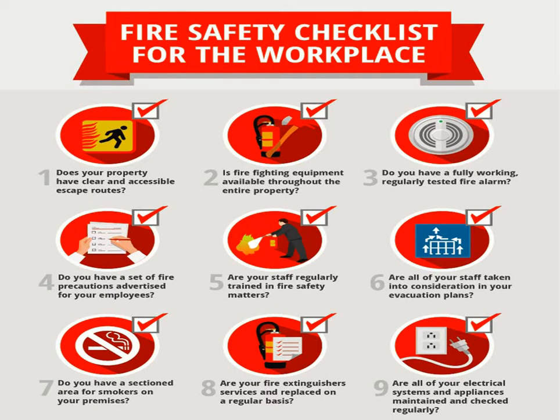Fourth: are fire precautions set up, advertised for the employees, and provided to each and every employee at the time of training, including how to use the firefighting equipment? Fifth: is the firefighting equipment used by staff who are regularly trained in fire safety matters?